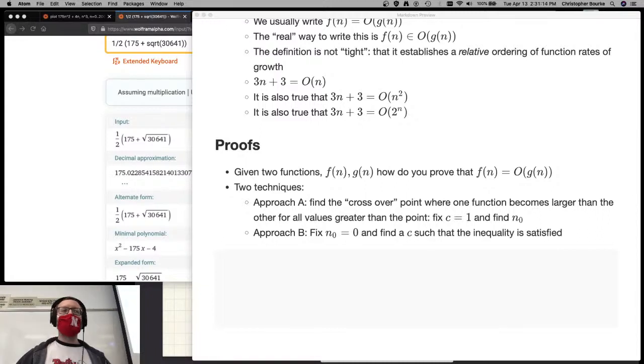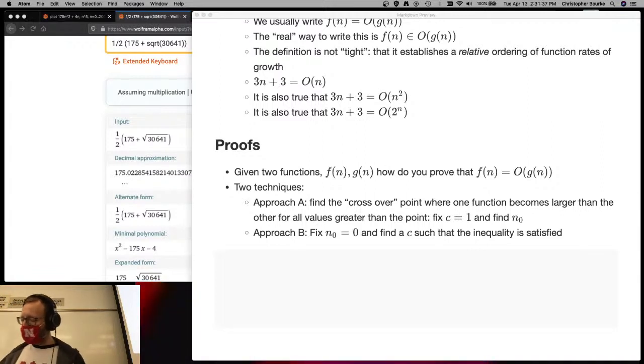Right? It doesn't have to be the tightest C. It doesn't have to be the smallest C. Right? It just has to be a C that works. And that's the beauty of this approach, is that it doesn't really require any thinking. All you have to do is start out with F and make it bigger and bigger and bigger until it looks like G. Right? So let's look and see what that looks like.